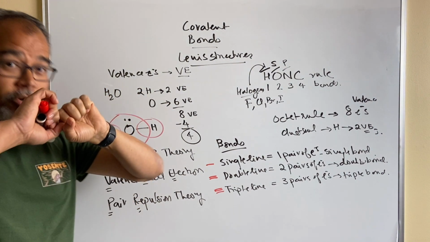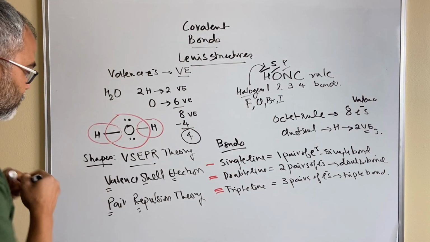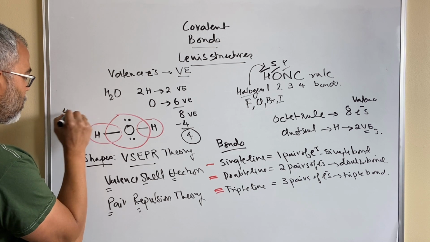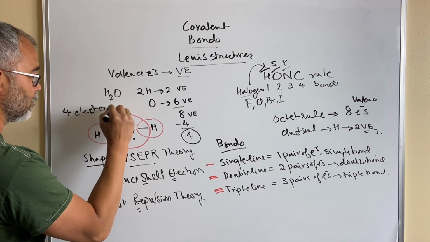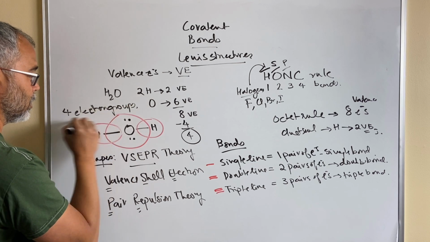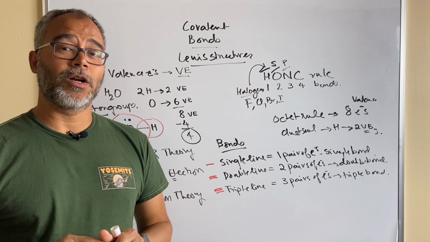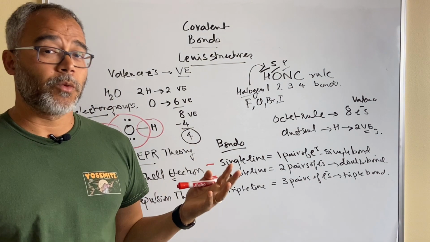They're going to try to push away from each other. So you're going to look at 4 electron groups, and you're going to try to figure out in 3 dimensions how will these electron groups stay furthest away from each other.